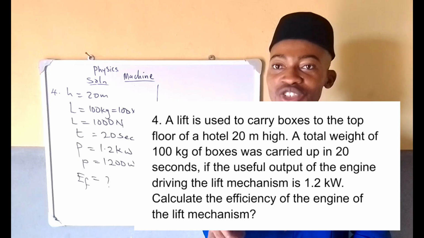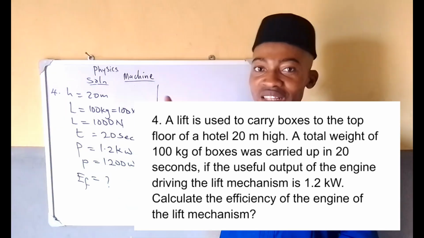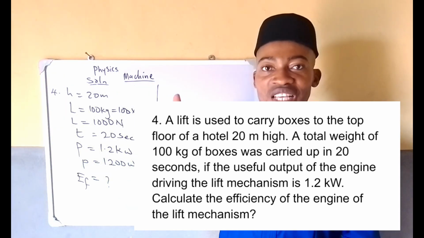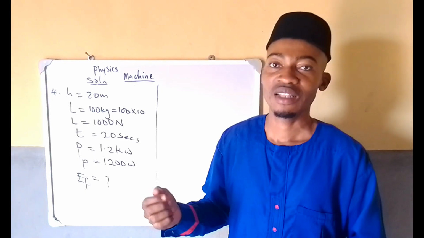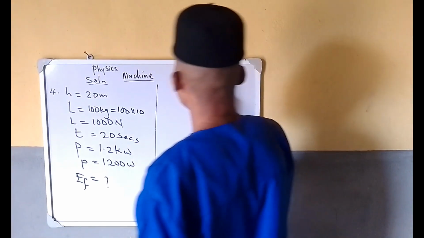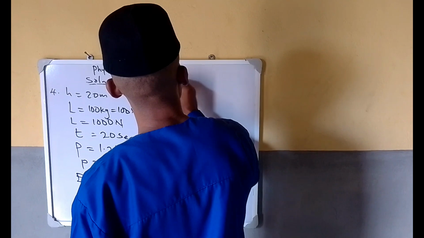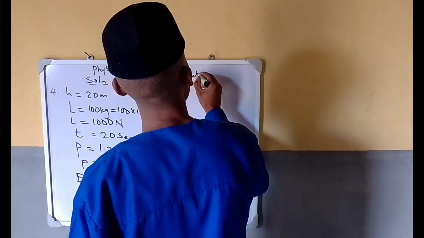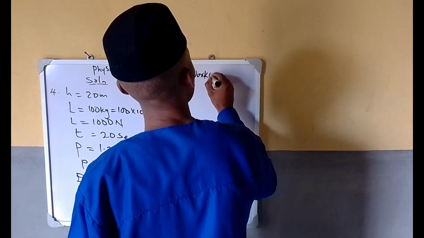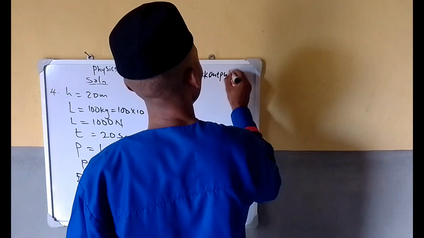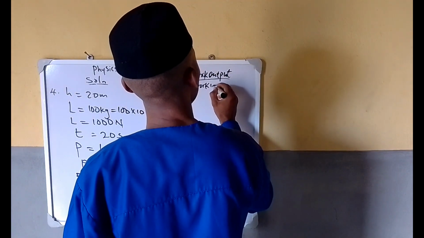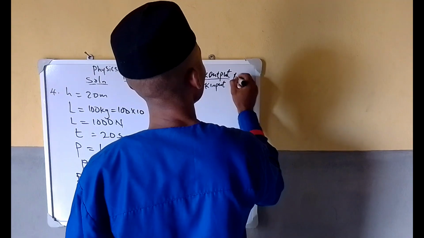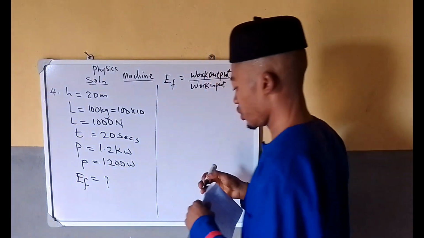Pay good attention. We are going to use the first formula in the first video I made concerning efficiency. That formula says that the efficiency of a machine, EF, is equal to work output divided by work input multiplied by 100.